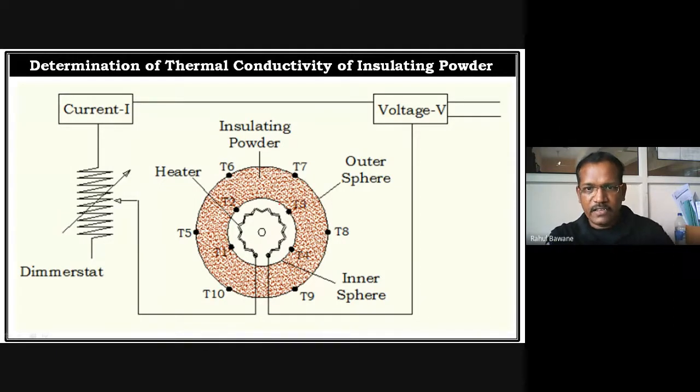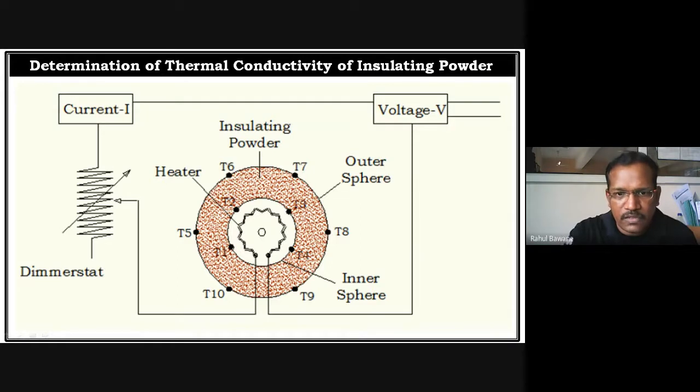In the reading, what do we have to note down? T1, T2, T3, T4, that is the inner sphere temperatures. Then T5, T6, T7, T8, T9, T10, the outer sphere temperatures. How does the outer sphere get heated? Due to heat transfer from the inner sphere to the outer sphere through this asbestos powder bed.